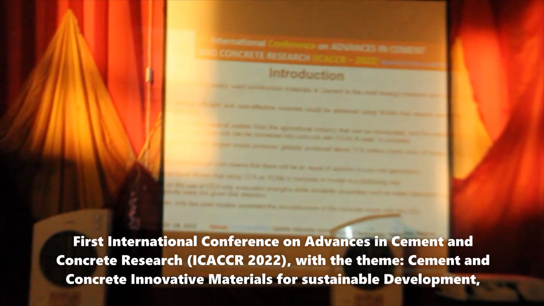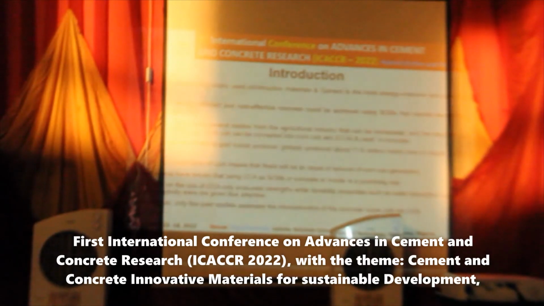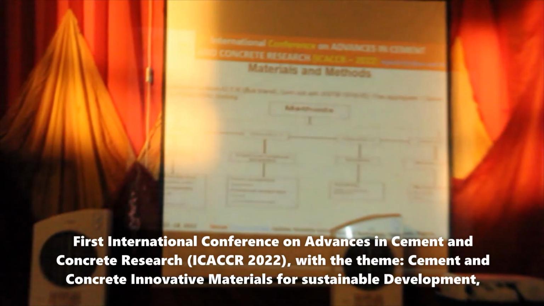However, cement is not environmentally friendly due to the large amount of carbon dioxide emission during its production. Supplementary cementitious materials are used to reduce the environmental impact of Portland cement. For example, waste such as rice husk ash, bagasse, and groundnut shell ash are used as supplementary cementing material.